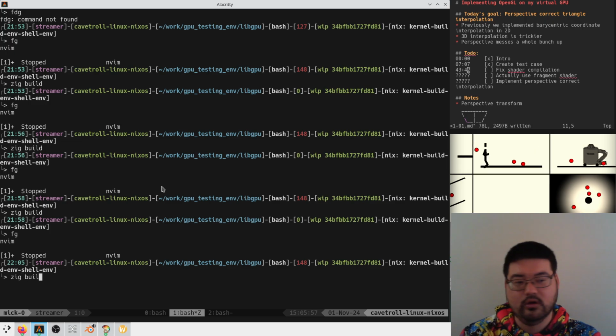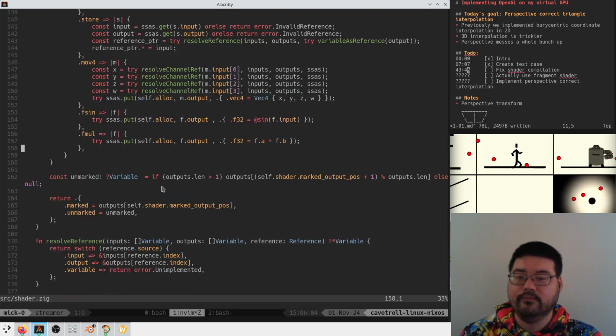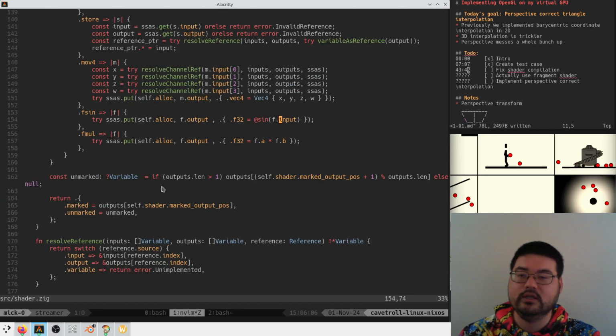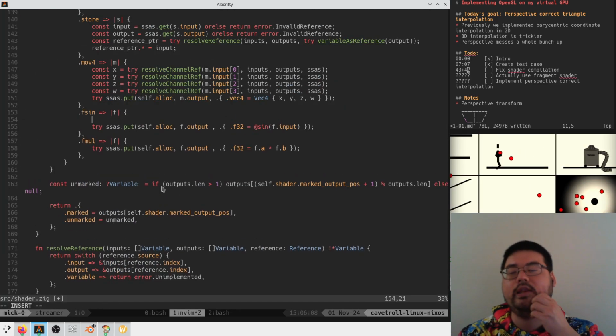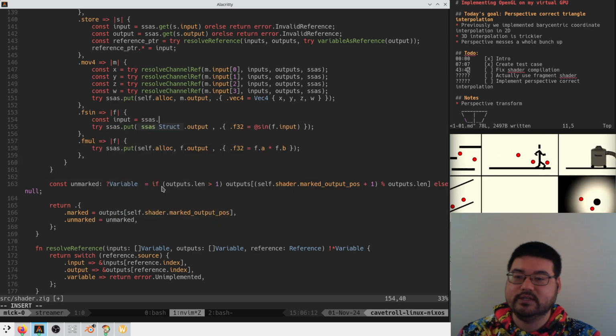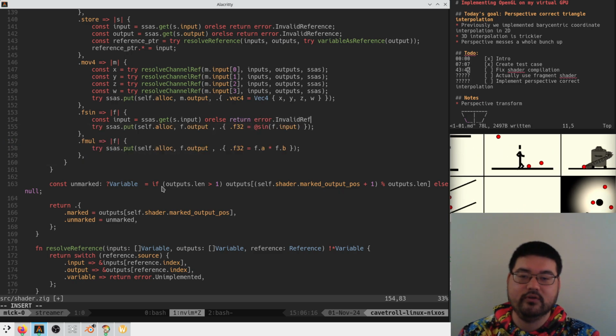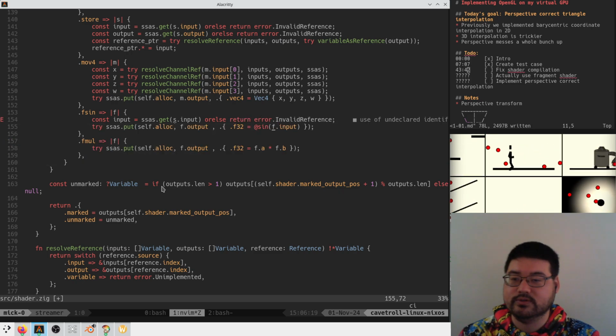Okay. So we're missing... Oops, the input here needs to come from an existing SSA. Right. That's a pretty good point. So this is going to be SSA's get S input, or else return error invalid reference, which means that here we do sign input.